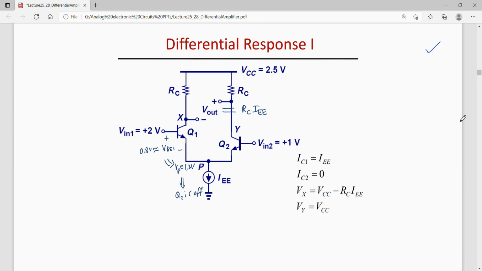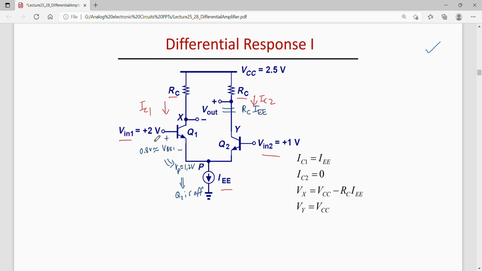Now let us take some examples. Here let us say that Vin1 is plus 2 and Vin2 is plus 1 volt. And RC, they both are the same. And we have a tail current also here. Now since the base of Q1 is at a higher potential, the current drawn by the collector will also be larger than the current drawn by transistor 2.